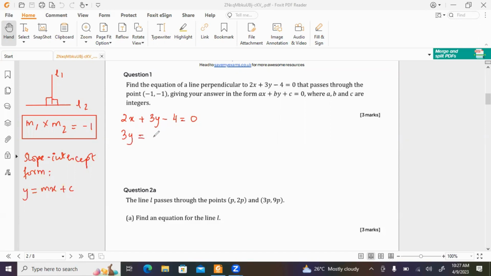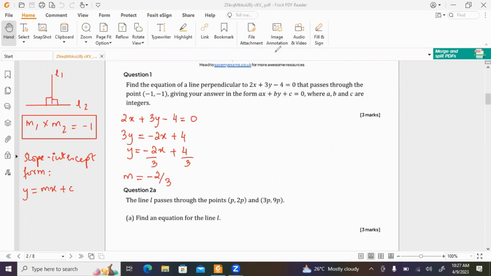Hence, we will have 3y equals -2x plus 4. Since we have to make y the subject, I'm going to get rid of the 3, and we'll have -2x over 3 plus 4 over 3. As you can see, the value of m from this slope-intercept form is now -2 by 3.